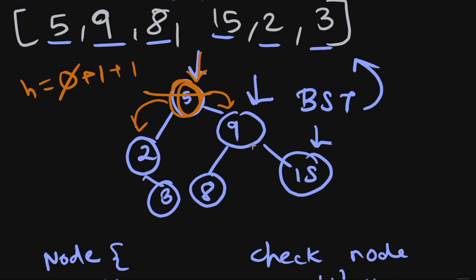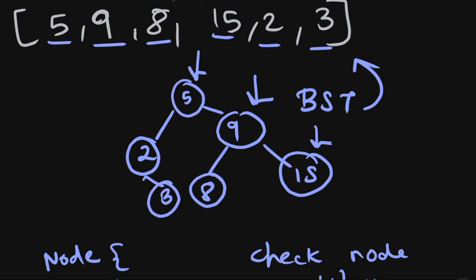For each step, if the height value is greater than the maximum value, which I will store as some max value, I will just store it. So it's simple as that. Go to each node, and whenever you go to its child, just add 1, and that's how you can find the maximum number of nodes in any path.